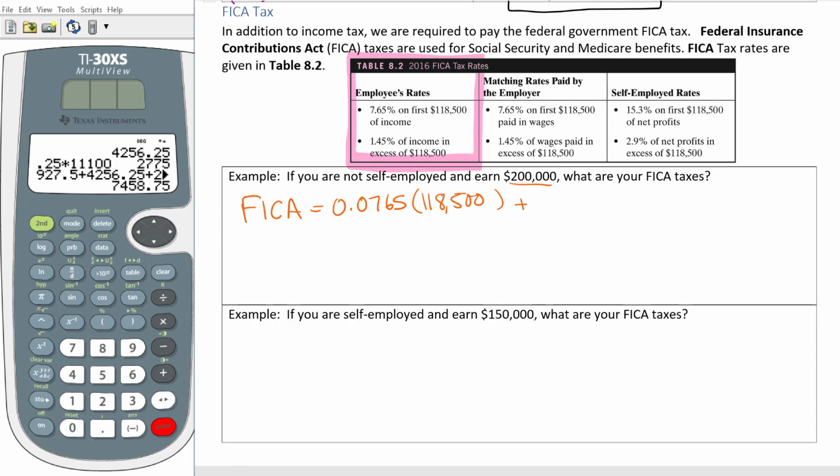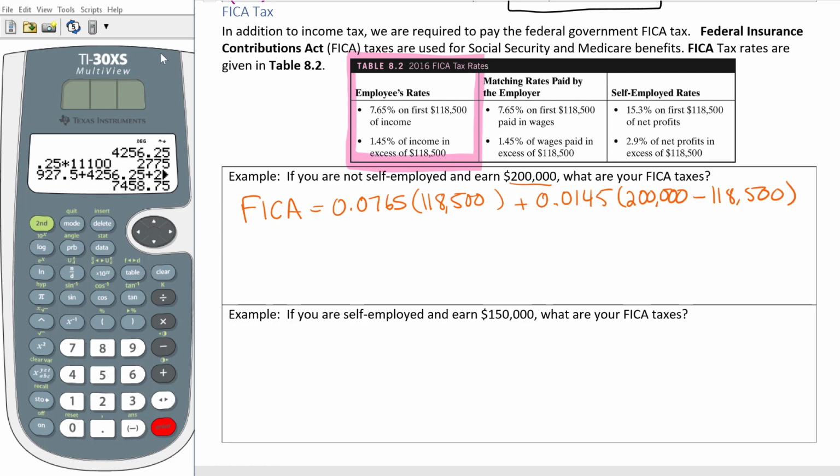Plus anything after that, I have a tax rate of 0.0145, so 1.45%, move the decimal over two places, times anything over 118,500. So I have a total of $200,000 minus 118,500. That's just going to be the excess.